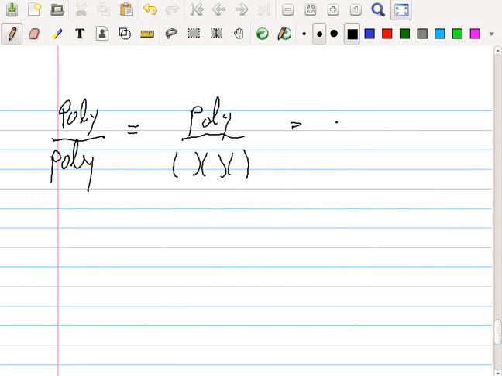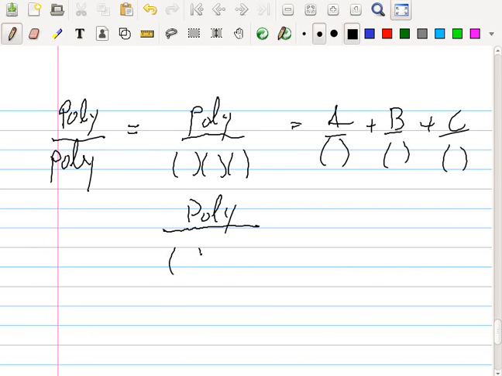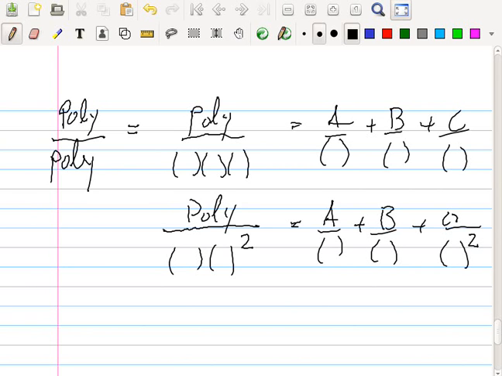And then you say, this is A over the first one, plus B over the second one, plus C over the third one. If the factors repeat, like for example, you get a square here, it's A over the first one, B over the second one, and then you put the last one in squared, and the top here would have to be Cx plus D, because it needs to be a smaller power than this.